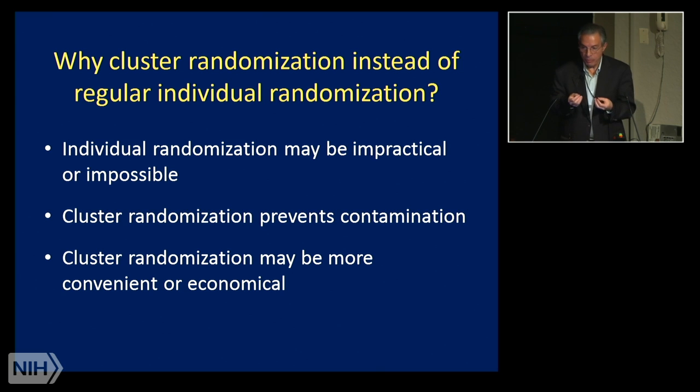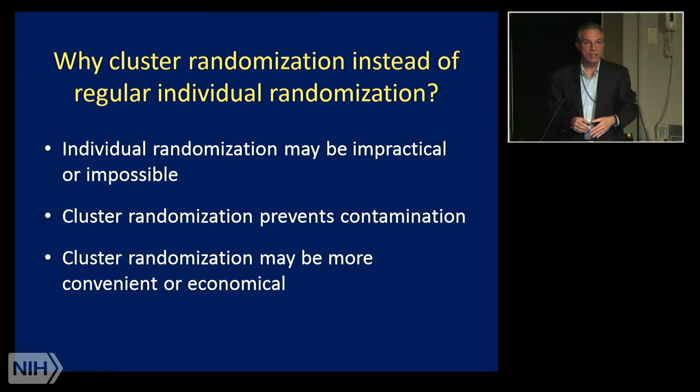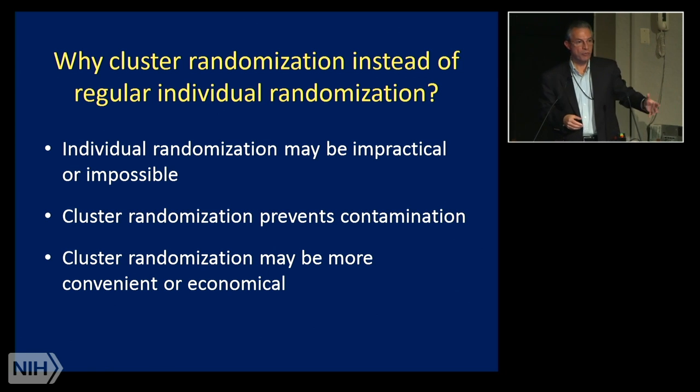Because it's not practical for a physician to just switch hats and say, okay, this participant is now in treatment A, so here's my line of questions, and this participant is in treatment B, and this is my different line of questions. So we randomized physician. So it's just more practical.